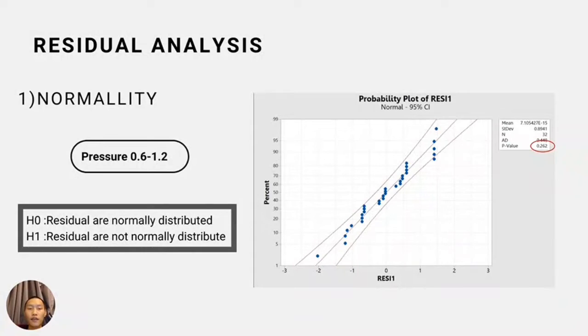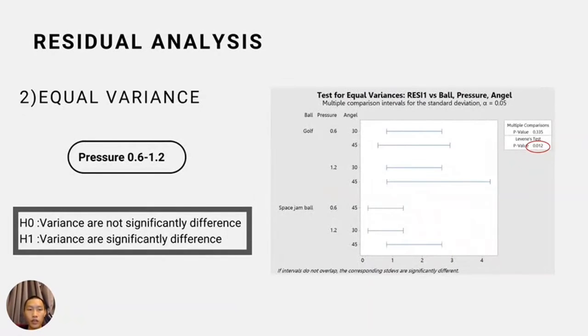Let's do residual analysis. First, normality, we check the p-value. If it's more than the alpha that we have set, we conclude that we fail to reject hypothesis H0, so residuals are normally distributed. Equal variance, we also check the p-value. If it's more than alpha, we can assume we fail to reject H0, so variances are not significantly different.